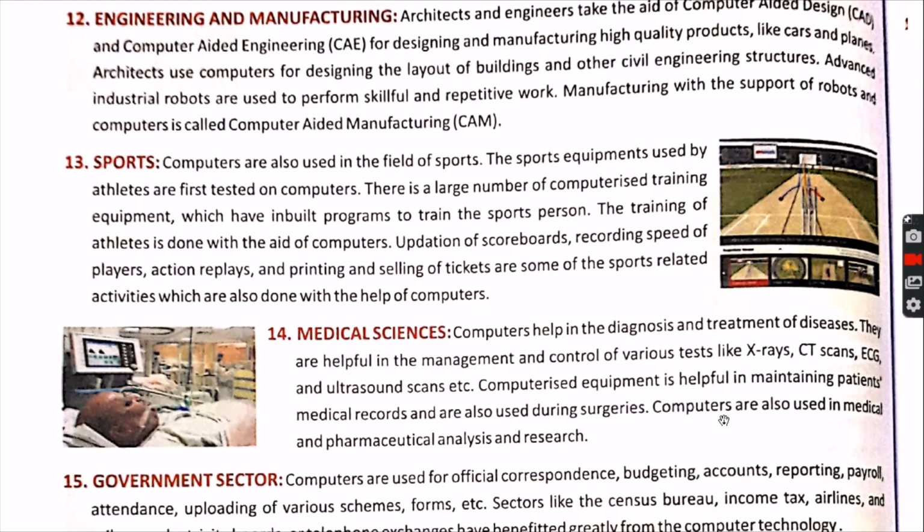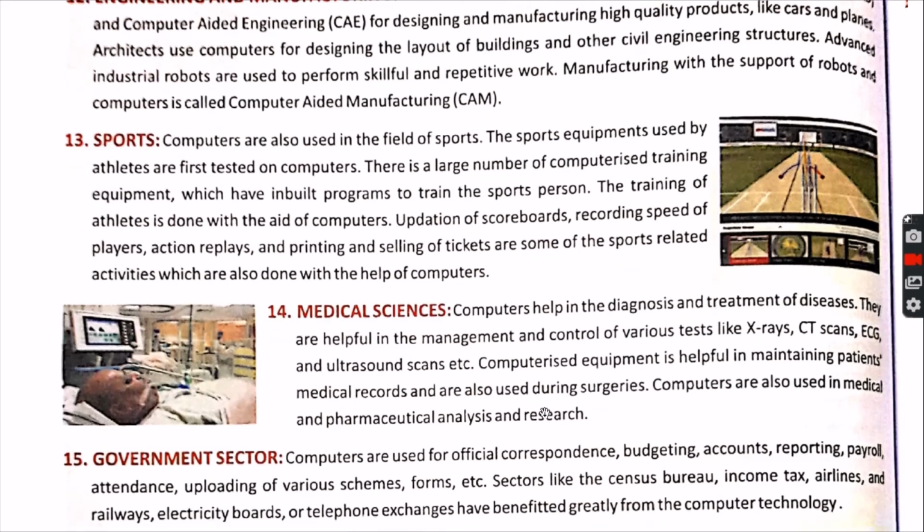So in the field of medical science, computers are used in treatment and diagnosis of disease, in various tests and controlling the tests like X-ray, CT scan, ECG, ultrasound and many more. And finally you can write that computers are used in medical science to keep the record of the patients, doctors and surgeries that are being done.